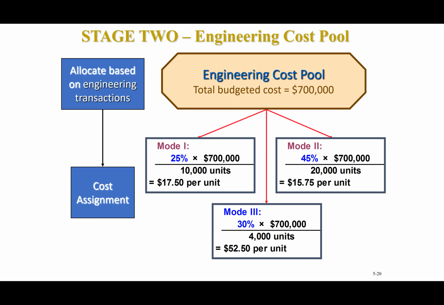That will be the cost allocated to Model 1, this is the cost allocated to Model 2, and this is the cost to Model 3. Then we take that cost divided by the units of each model to get the unit cost, in terms of engineering cost allocated per unit, all right?